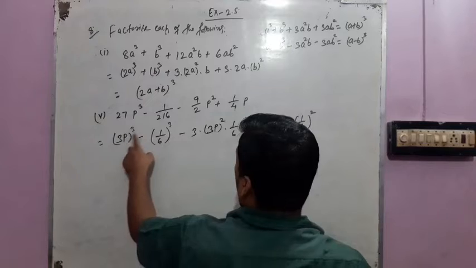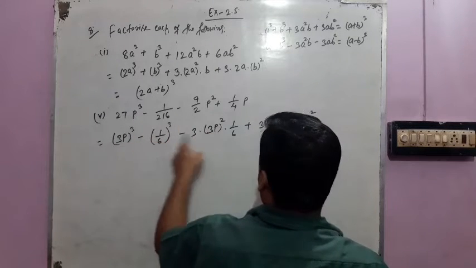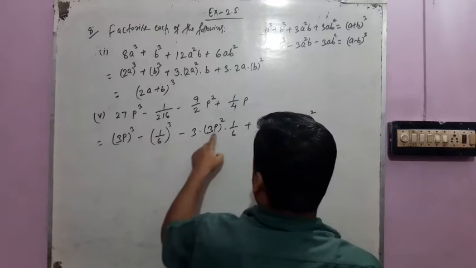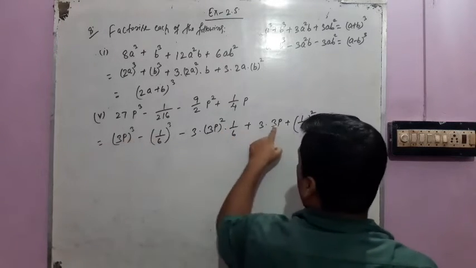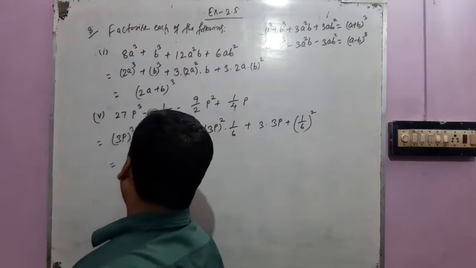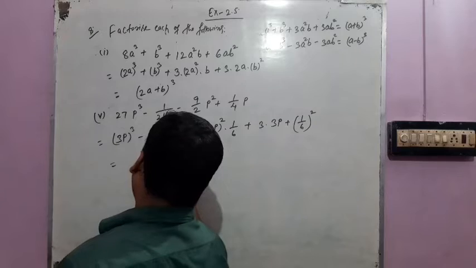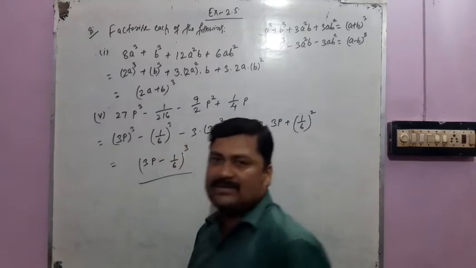Similarly here, the cube of a minus cube of b minus 3a square b plus 3ab square is equal to whole cube of a minus b.